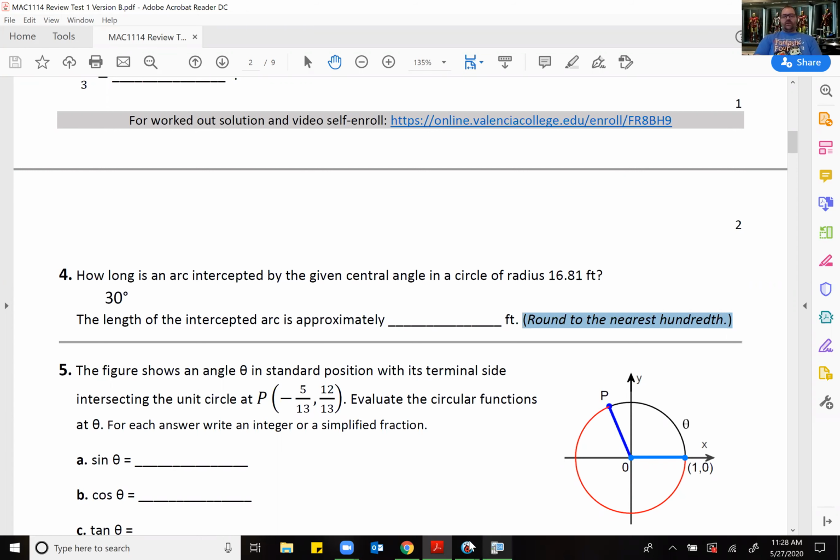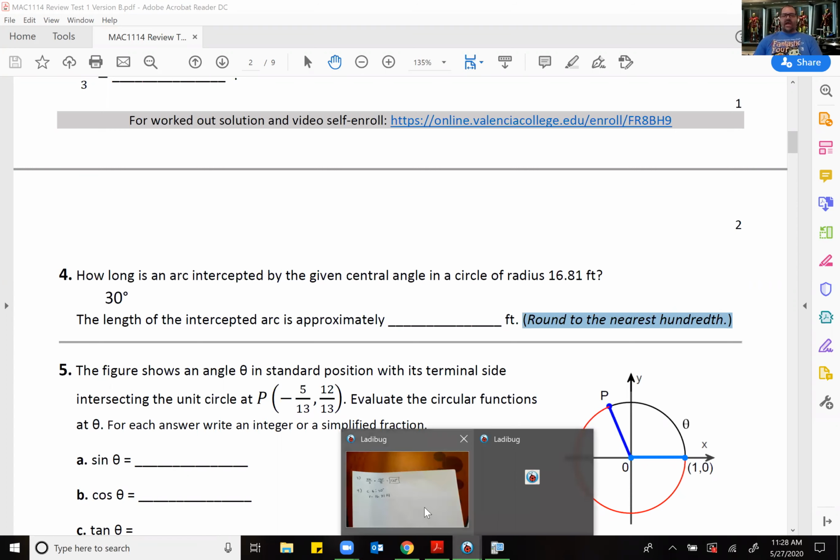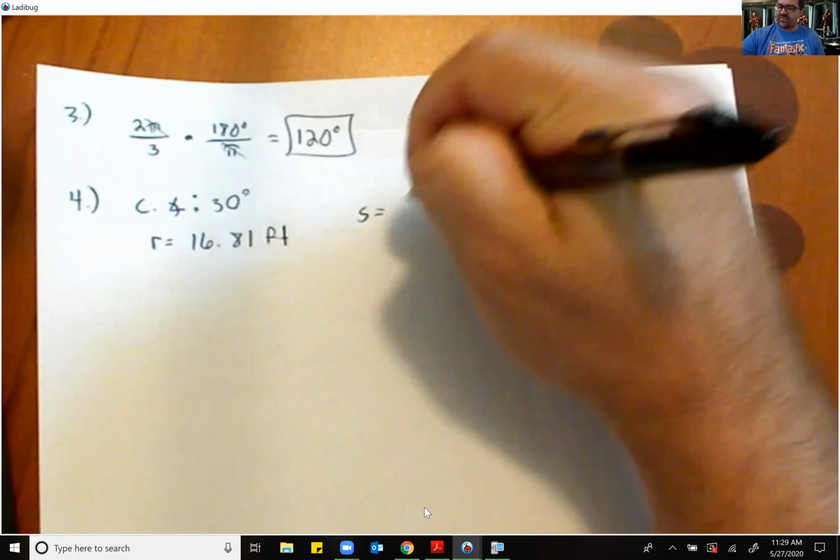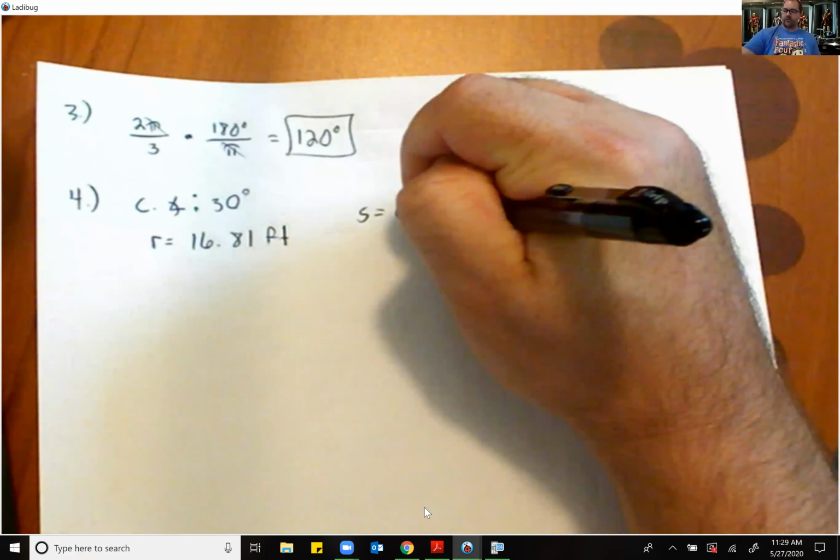So if we go over here, we have an equation that tells us how to find the arc length. And that equation, if I remember correctly, is S equals theta r.